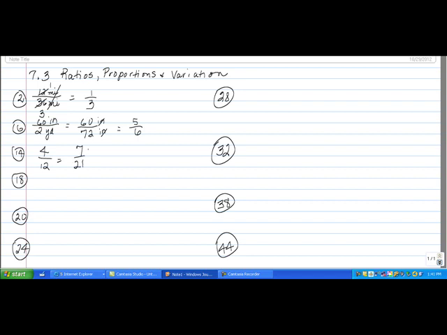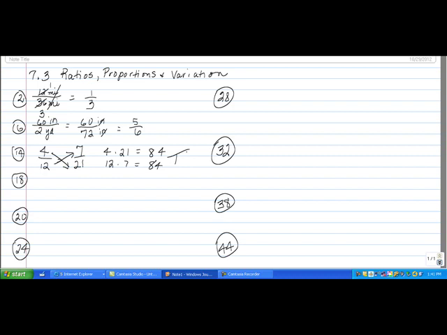And so we could reduce both of those, or we can check the cross products to see if they are equal. So let's do the cross products. 4 times 21 is 84, and 12 times 7 is also 84, so that one's true.